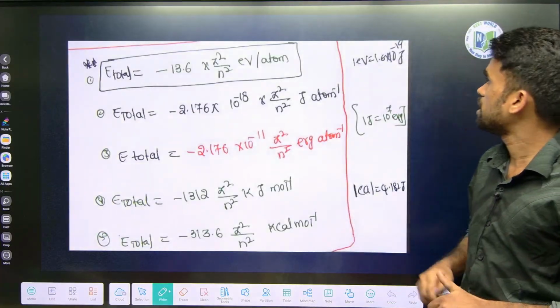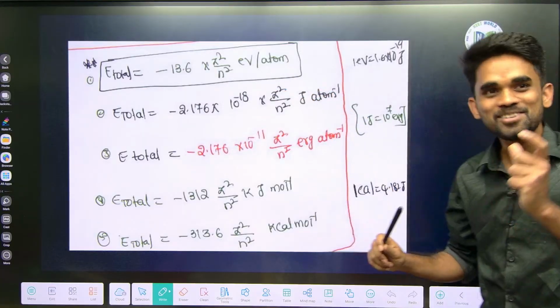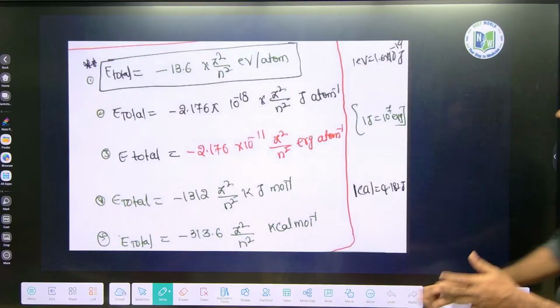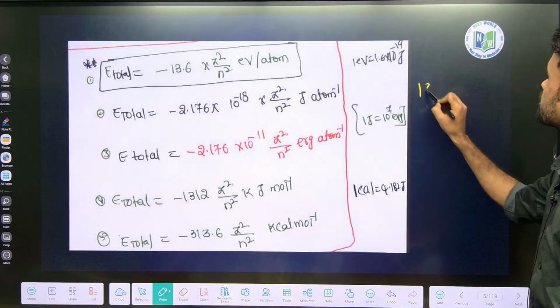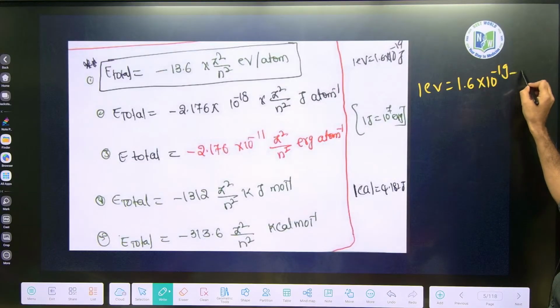Now, what is the exact relation between electron volt and joules? 1 electron volt you take as 1.6 into 10 power minus 19 joules.